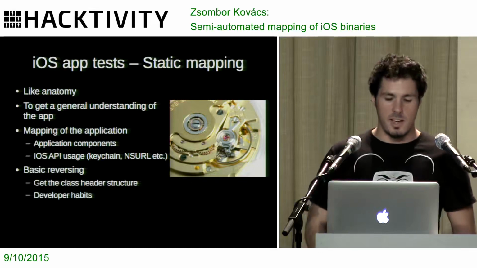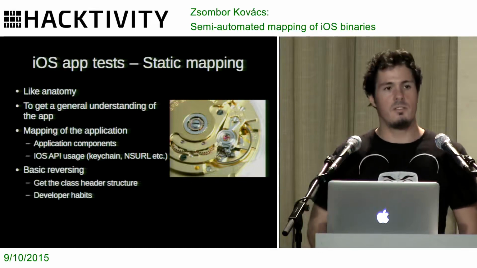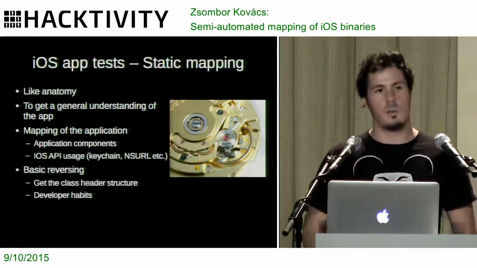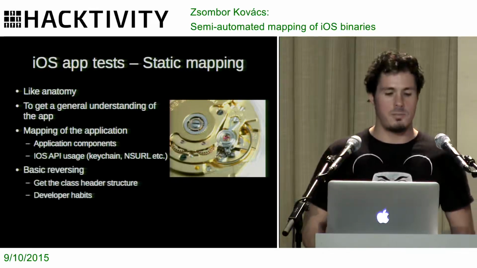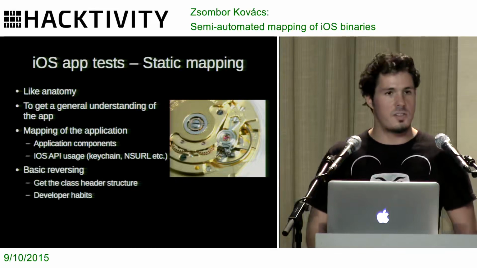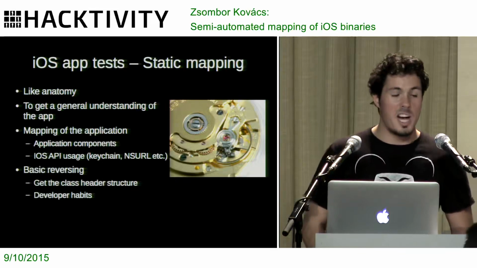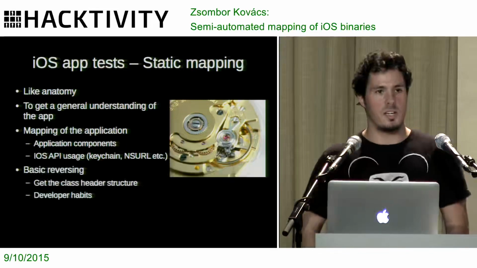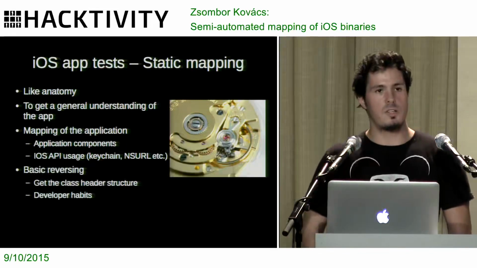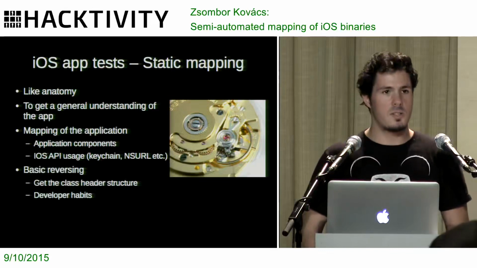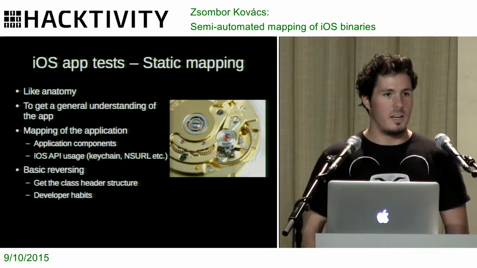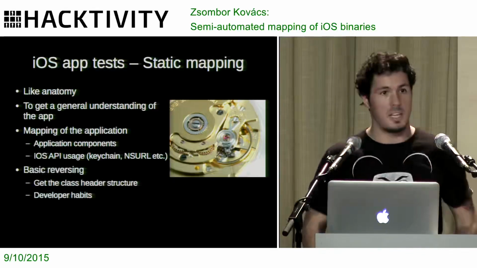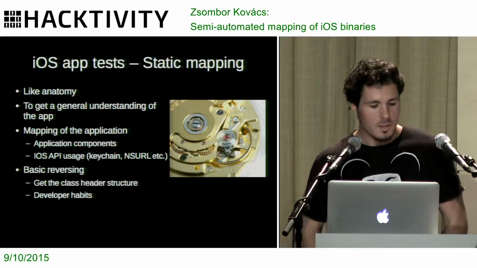It's like having a clockwork and taking a magnifying glass to see what's inside: what kind of components it uses, what kind of APIs, platforms, third-party modules, and so on. This information can be gathered during the first phase, when we simply take a binary, start disassembling it and start peeking around within the binary.